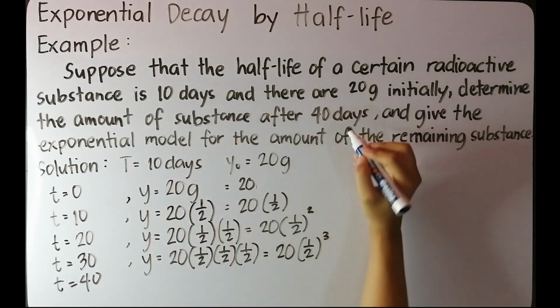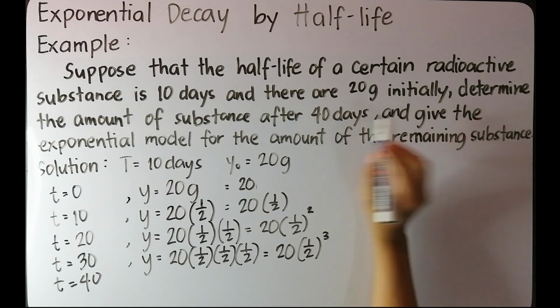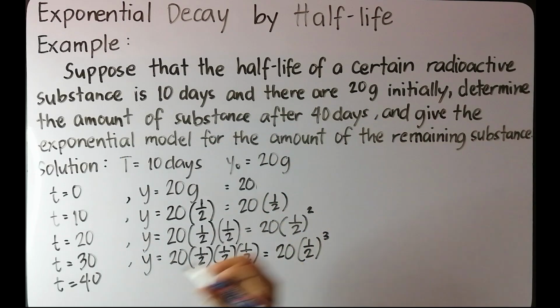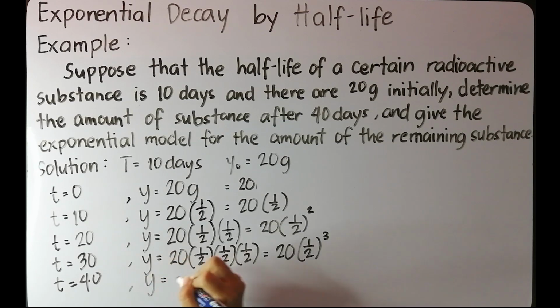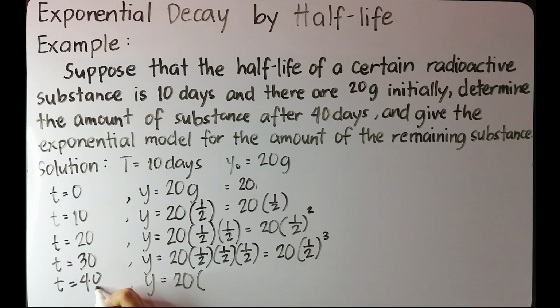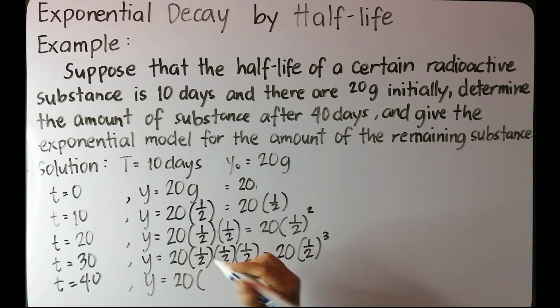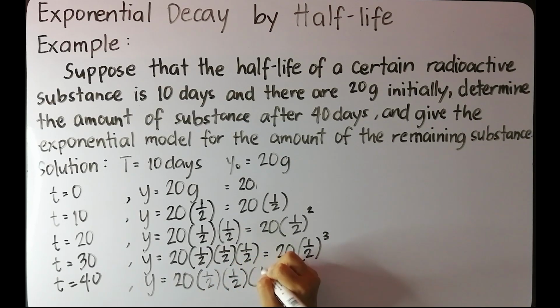We are asked to determine the amount of substance after 40 days. So our y will be 20 times, 40 divided by 10, that is 4. So you have 4 times that it is reduced into halves. So we have 1/2 times 1/2 times 1/2 times 1/2.